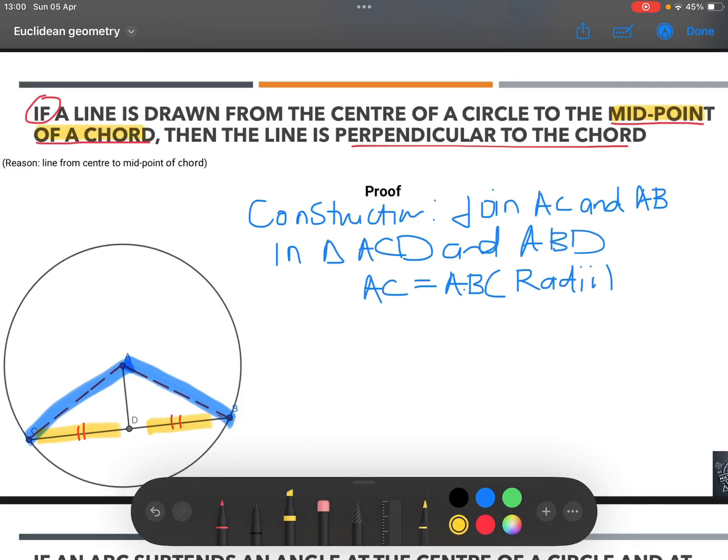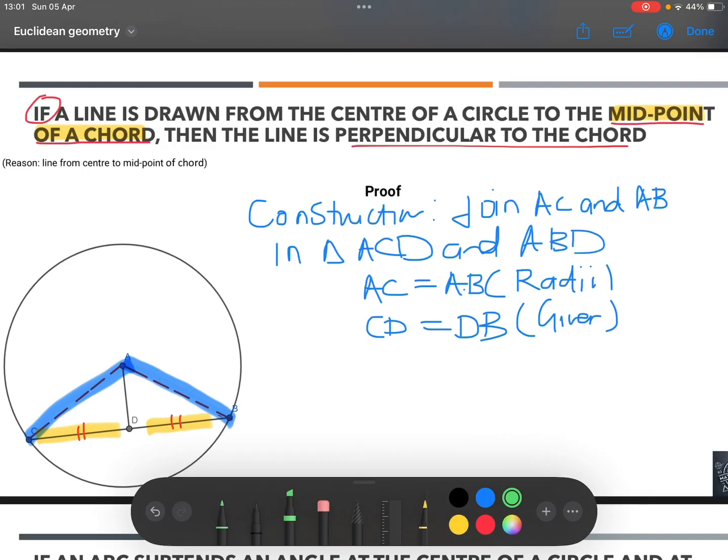That means that CD and DB are going to be equal, because a line drawn from the center of the circle to the midpoint of the chord divides that chord into two equal parts. Then we have CD equal to DB, and that is given, right?